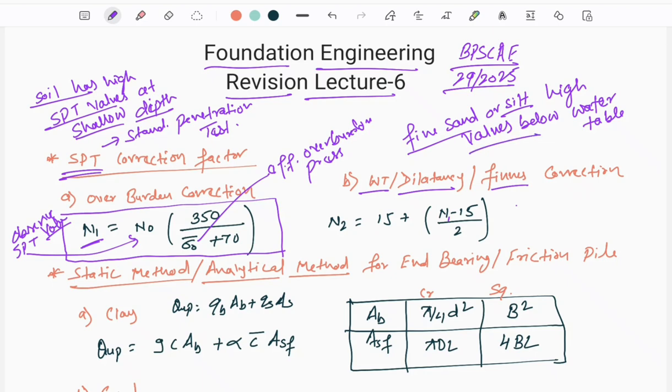So you can calculate the N2 value, that is equal to 15 plus half of (N1 minus 15), where N1 is the corrected N value from the overburden correction. This N1 and N2 are the overburden as well as dilatancy correction factors.